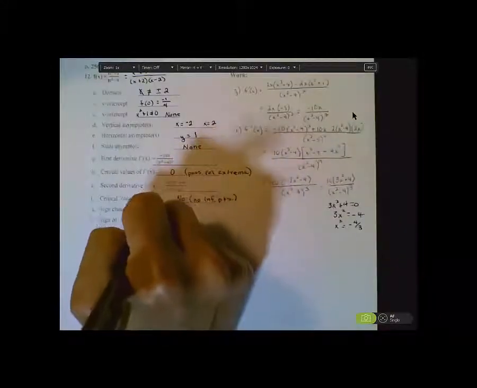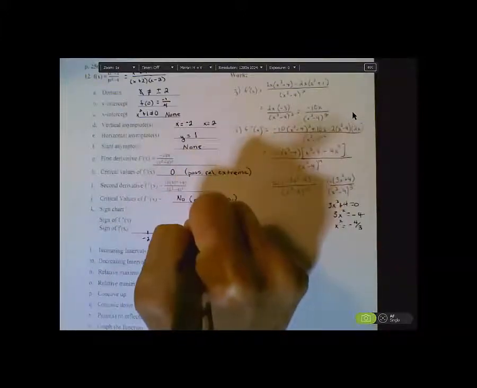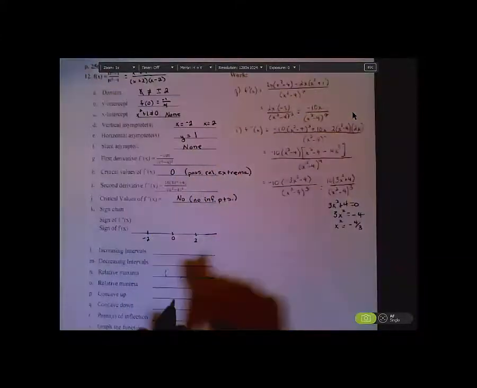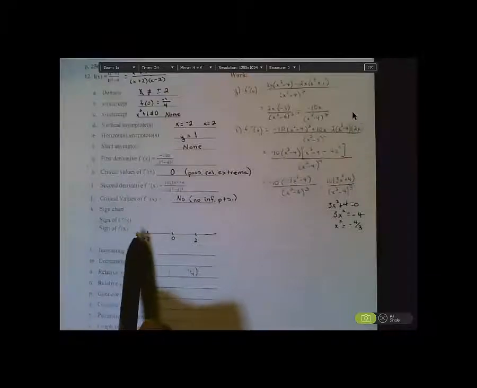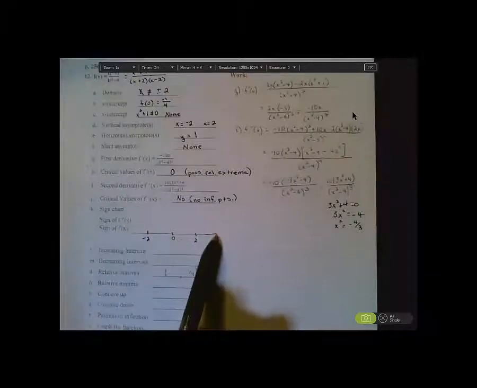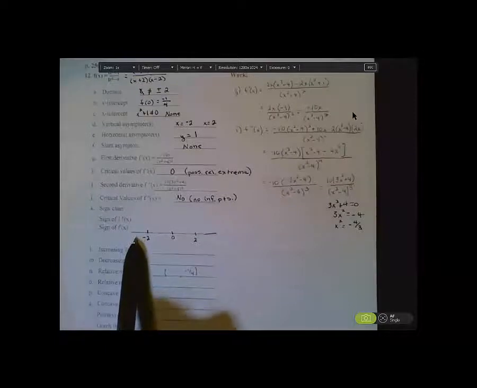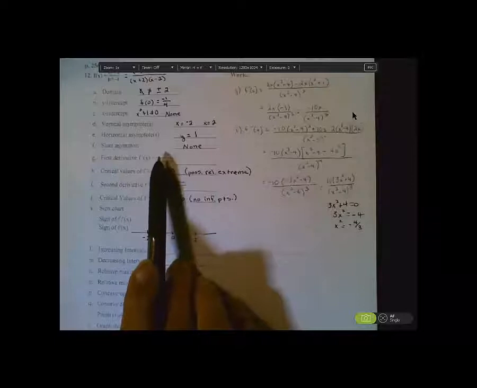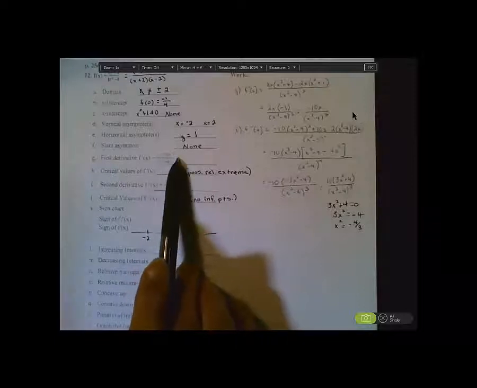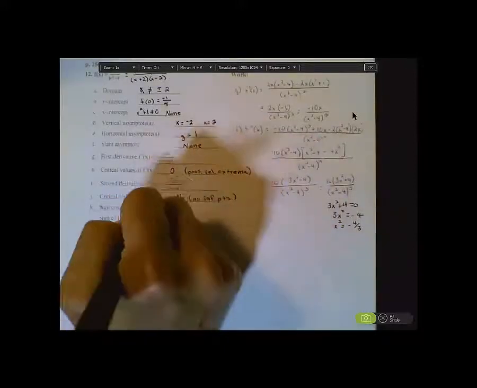Let's go ahead and put the -2, the 0, and the +2 on a number line. And we're going to find the sign of the first derivative and the second derivative in each of those intervals. Now the first derivative, my favorite number to the left of -2, if I put a -2 into this first derivative, I'd have a negative times a negative over a positive. That would make that whole expression positive.